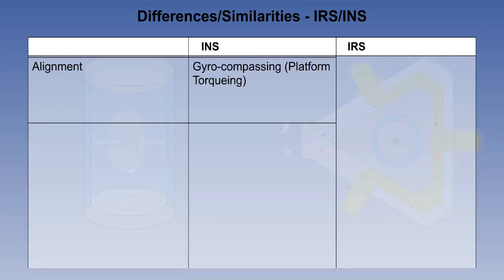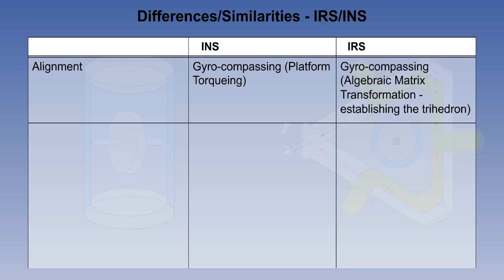Alignment in INS is carried out by means of gyrocompassing, that is, sensing the direction of east from Earth rate and then torquing the platform until no further Earth rate can be detected. The platform must then be pointing north. Alignment by gyrocompassing also takes place in IRS, but by algebraic matrix transformation.